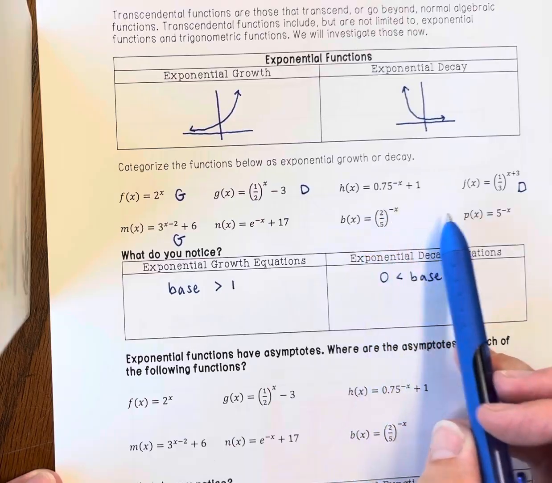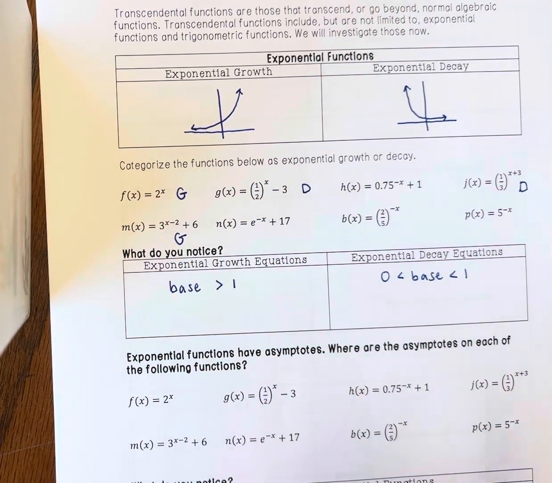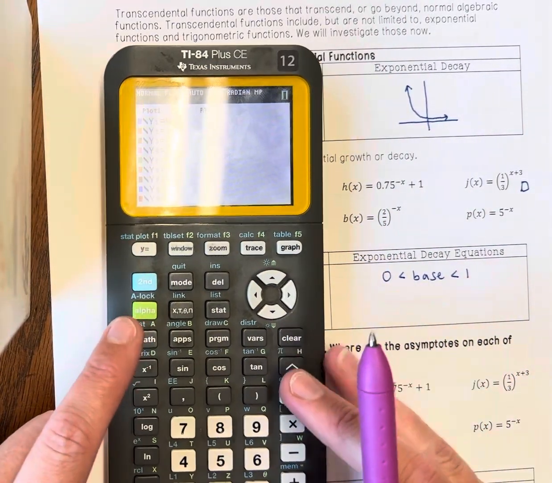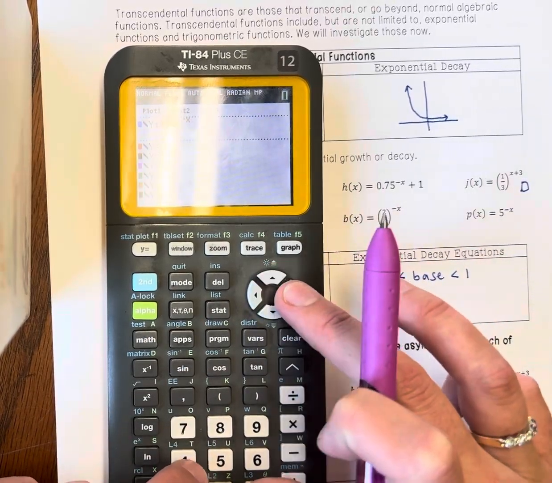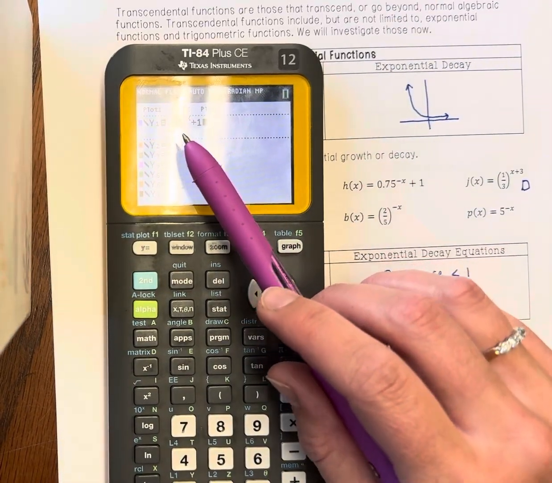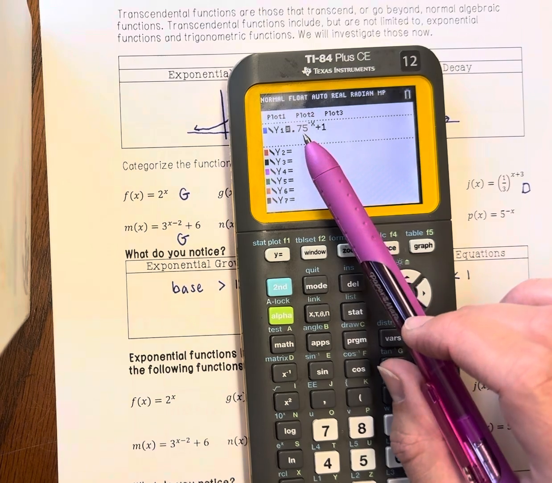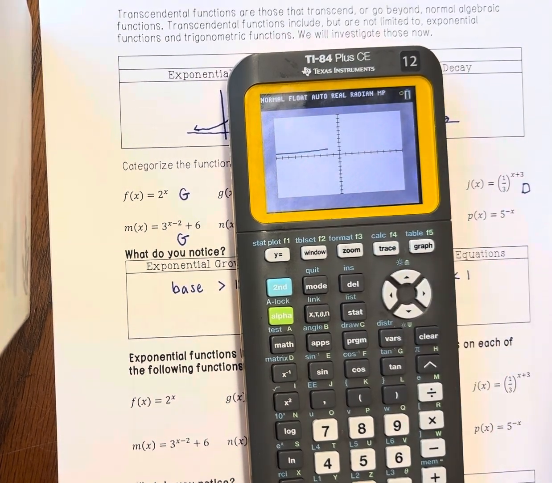So the rest of them have something in common, which is negative exponents. So let's look at h of x. h of x is 0.75 raised to the negative x, plus 1. So the base here is 0.75. 0.75 in theory should be exponential decay, but when we graph it, we see it as exponential growth.